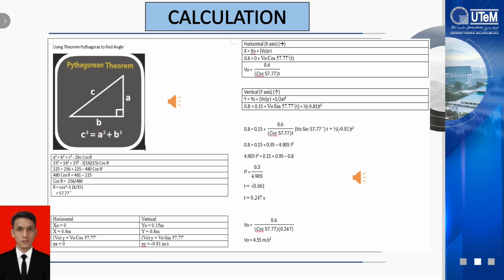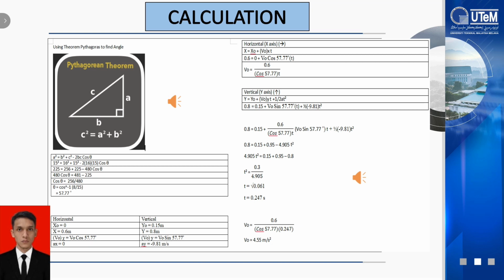And for the y-axis, we use y equals y origin plus v times t plus 1/2 acceleration times t squared. Then, based on our data, we fill in the equations from the x-axis and y-axis to get equation 1 and equation 2.